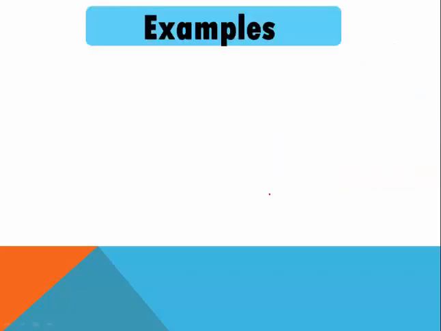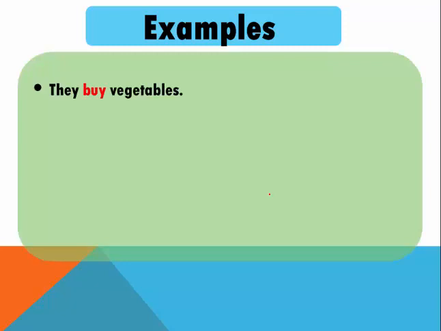Okay, so proceeding further, now we are going to see some examples of the simple present tense. So they buy vegetable. Now that means this is a routine work. You can say, okay, if someone every day buys vegetable, so we can say they buy vegetable.